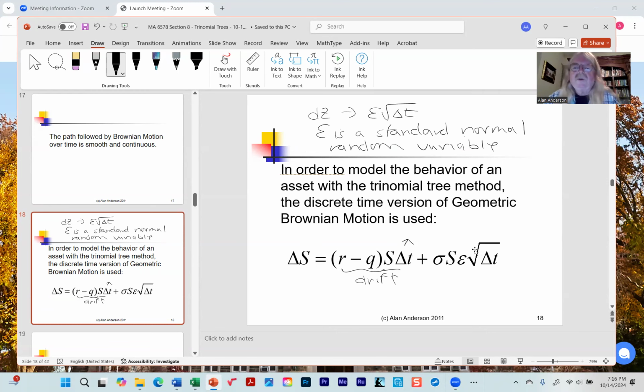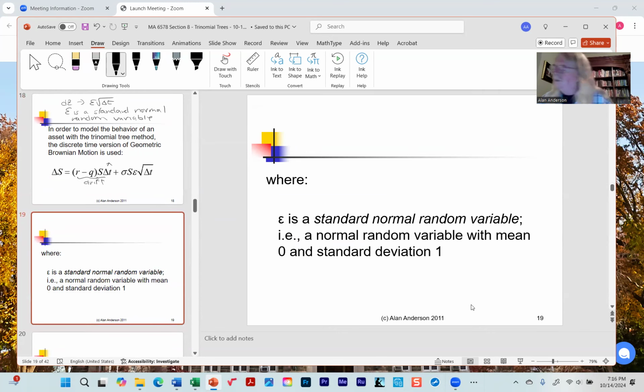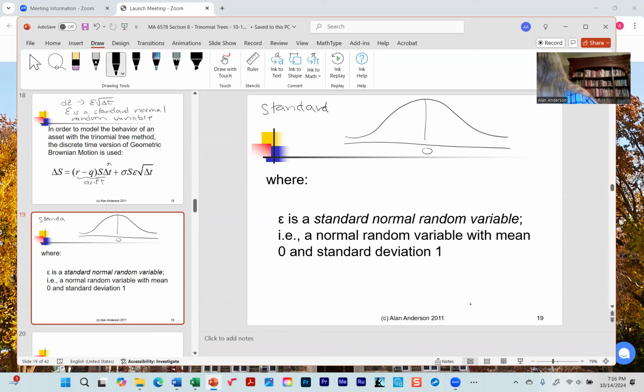So now we're delving into the world of statistics. Now, of course, what that means is this is the normal curve, and then the standard normal distribution is the unique case where the mean is 0 and the standard deviation is 1.